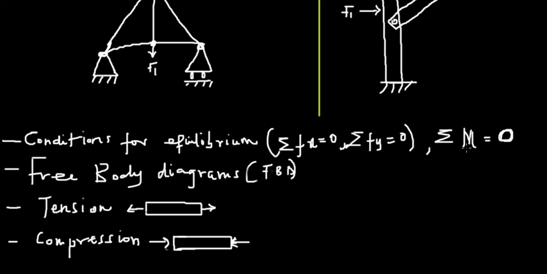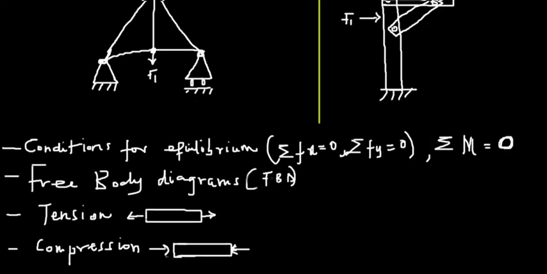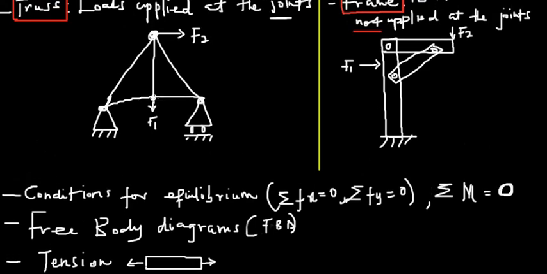And then sometimes we take the moment. We equate the summation of the moment about a certain point to be equal to 0. So let's say we take the moment about this point and then we equate that to 0. That will be our reference point.